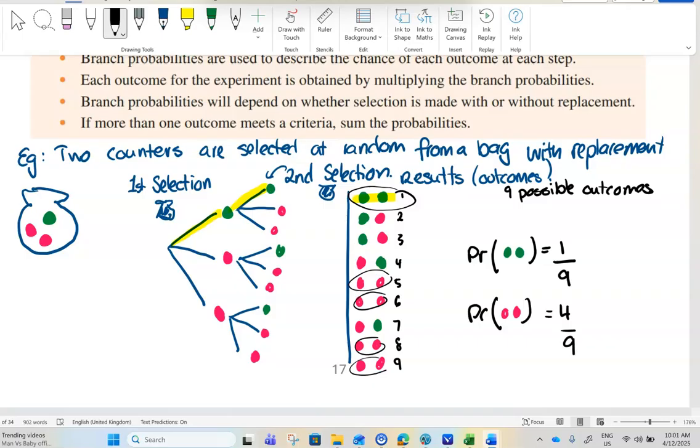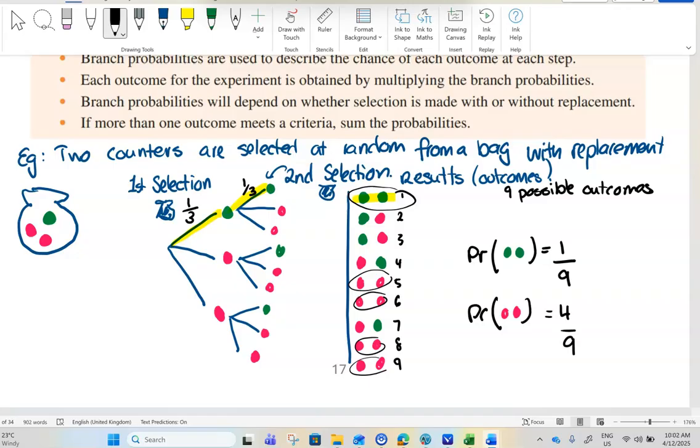Okay, so at the start, in my first selection, if I was going to go along the green one, would you say I've got a 1 in 3 chance of getting that green one? Is that true? Yeah. And then I've got a 1 in 3 chance again of getting that green one.